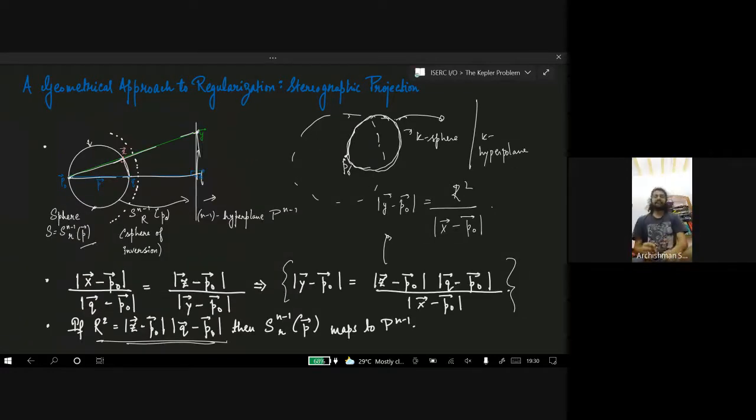So if I have a sphere and a plane, I can actually define a one-to-one correspondence between them by choosing an appropriate sphere of inversion. Is that clear to everyone?